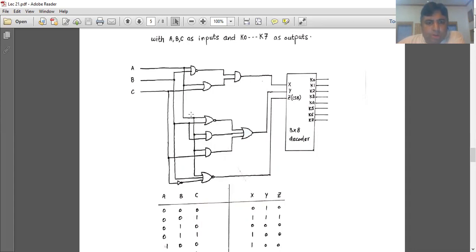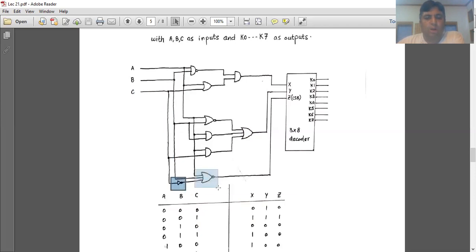One input is coming from A, one from B, and one from C. In that case, A is equal to 0, B is equal to 0, C is equal to 0, and C is complemented. There is a NOT gate here. So if C is equal to 0, then its complement will be equal to 1.